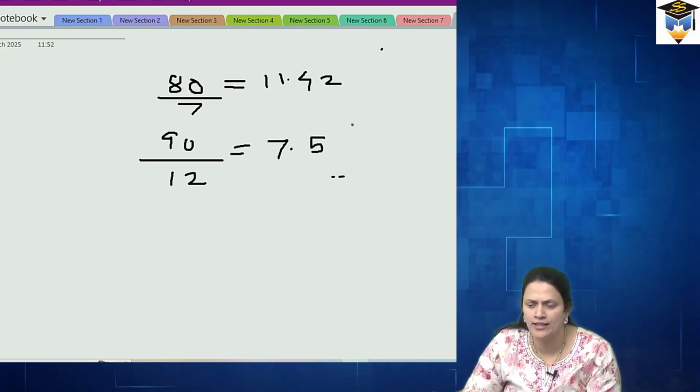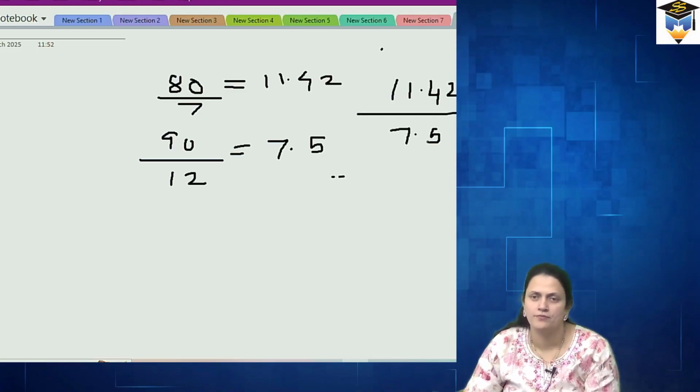So now if you take these ratios, you will get the correct answer. Convert it to the lowest form. How will you convert? Multiply by 10. If we do that, it is 114.2 upon 75.